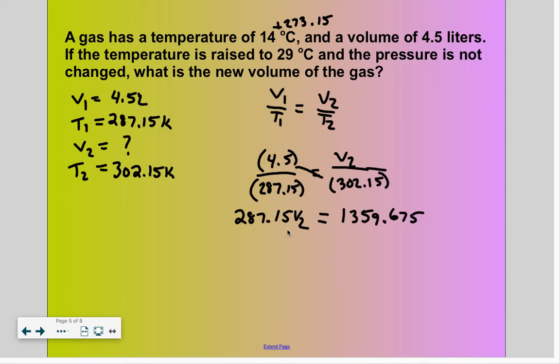So remember that we're going to divide by the 287.15 because it's in front of the variable. And as we do so, 287.15, that's going to give us about 4.7, if we do the rounding, 4.74. And once again, the units are liters. So you notice that we didn't change the temperature a ton, like 15 degrees Celsius. And so you can see that the volume actually then increased by just a little bit as well.